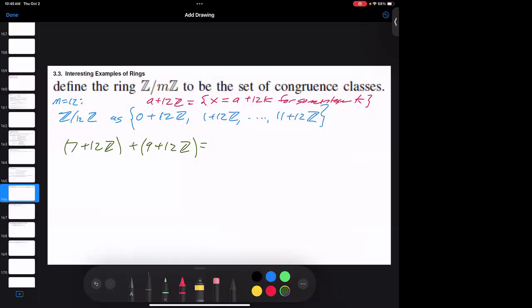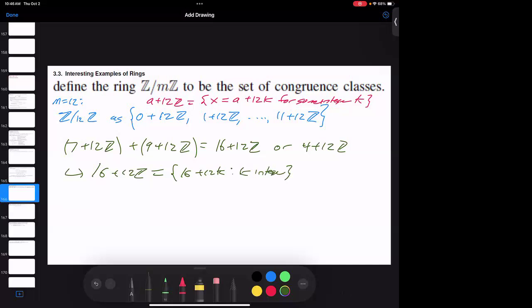So 4 plus 12Z is correct. What else could I get? If you don't do your simplification, what would you get? You must have reduced something to get 16 plus 12Z. Let's think about what's going on. 16 plus 12Z is all numbers of the form 16 plus 12k, k an integer.